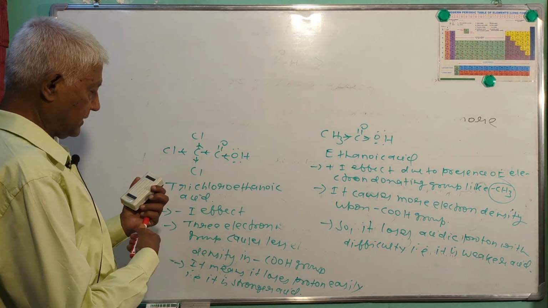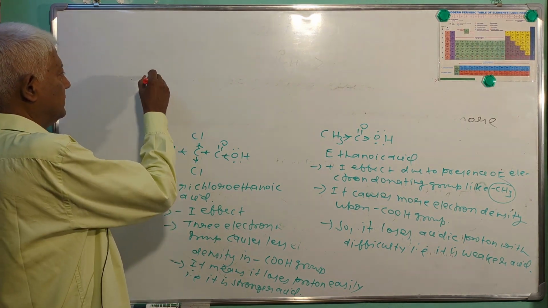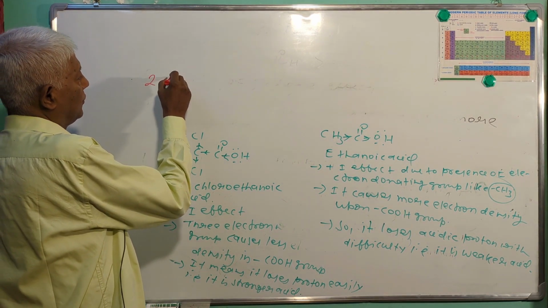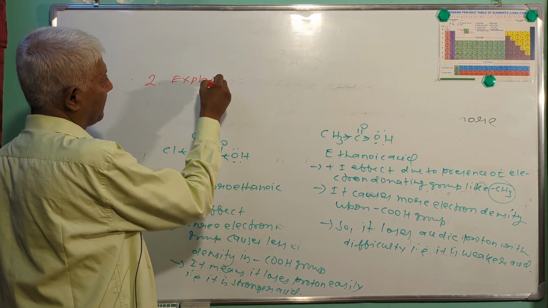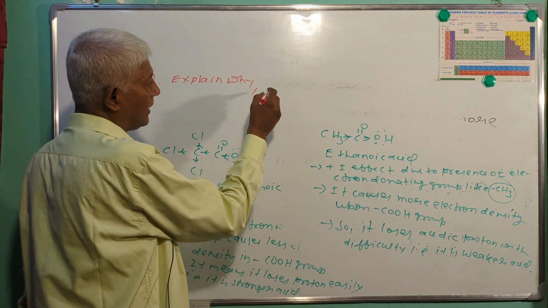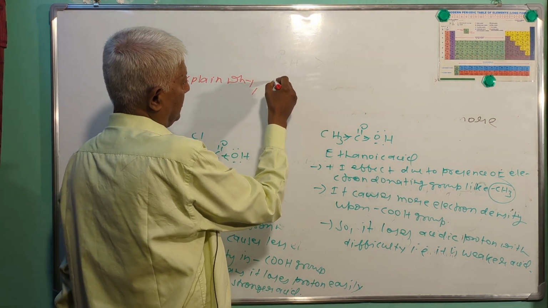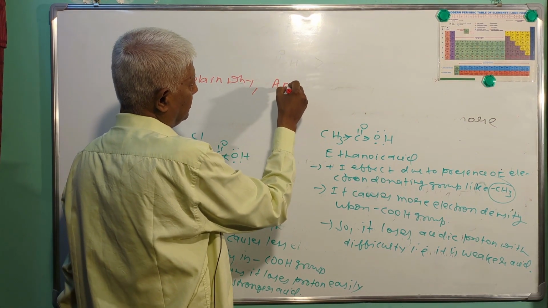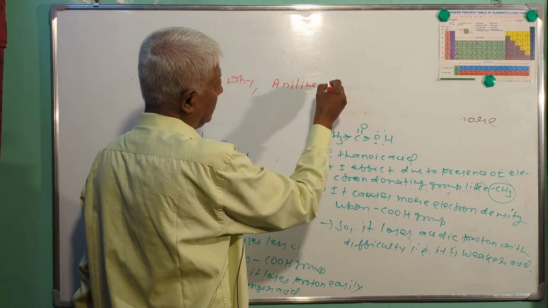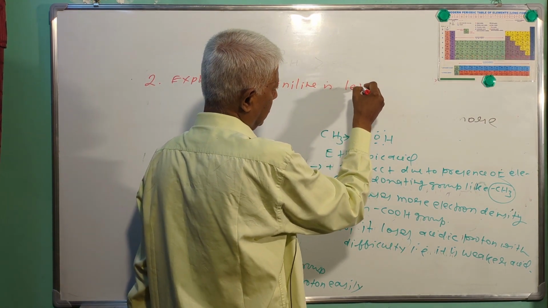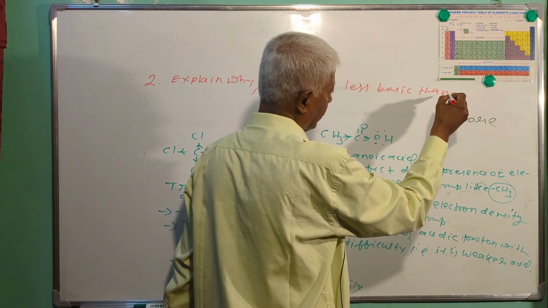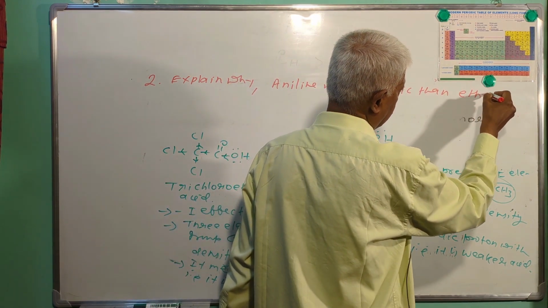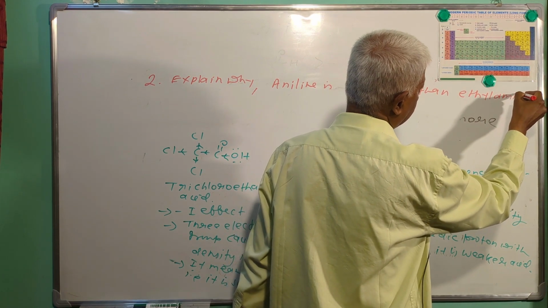the first one was trichloro. The second question sometimes asks you to explain why aniline is less basic than ethylamine.